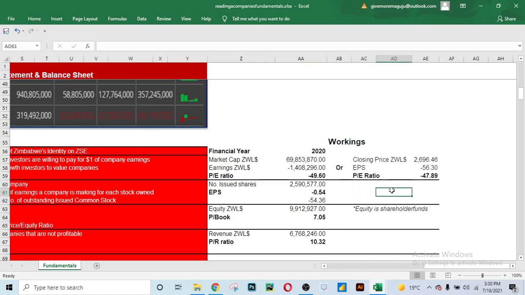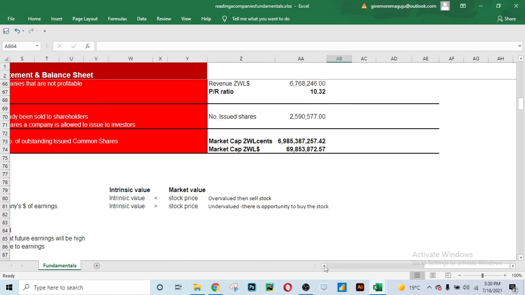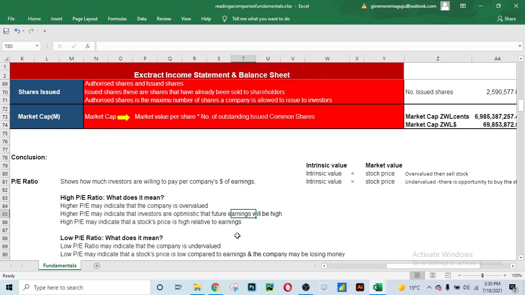So these numbers tell you, let's say you found these figures between two financial periods, you have to be able to interpret that. And even when you compare that PE ratio with other similar companies, you also need to know what it means.